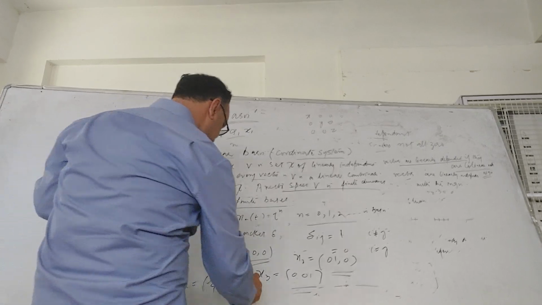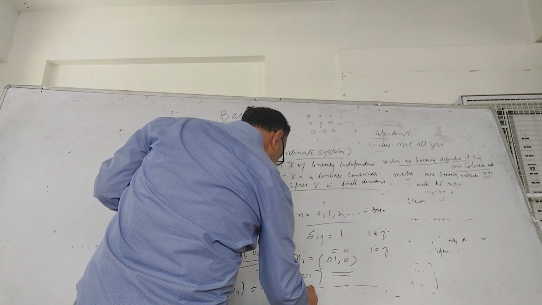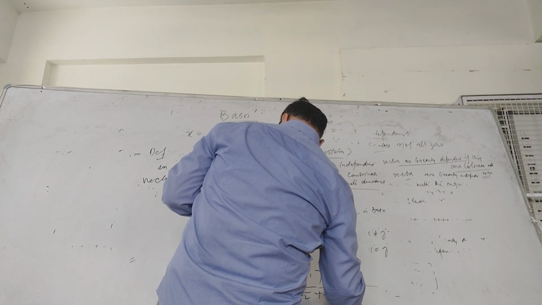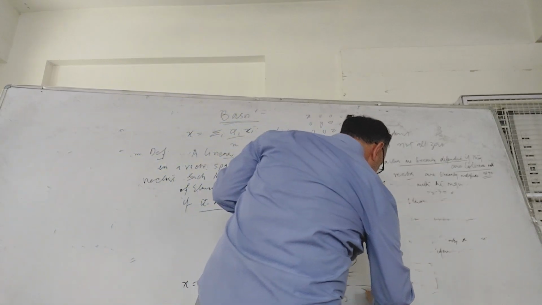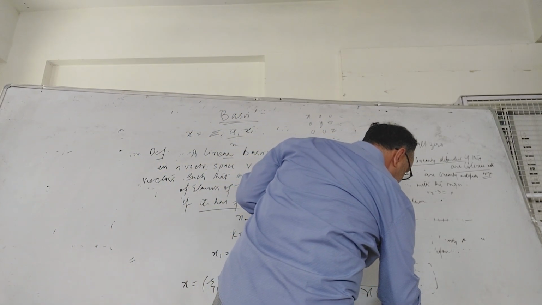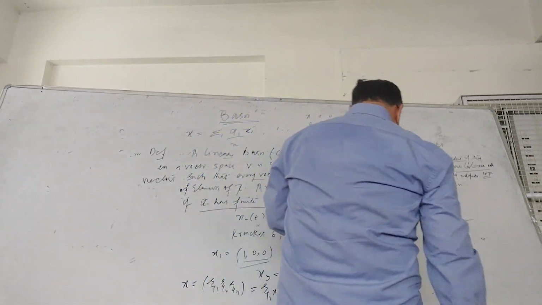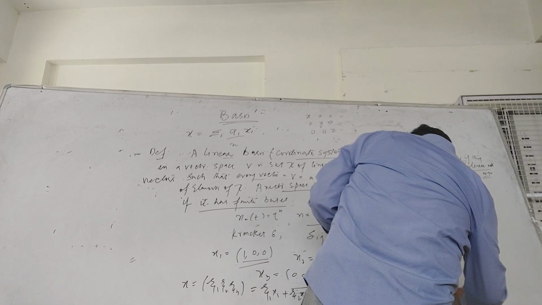So you can have zeta 1 x1 plus zeta 2 x2 and zeta 3 x3, or x in C3, where C3 is maybe complex space or real space, is a linear combination of them.